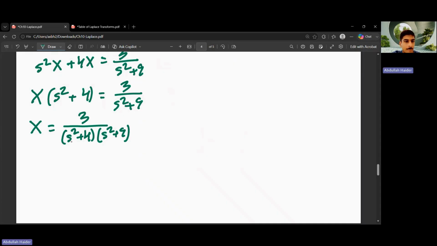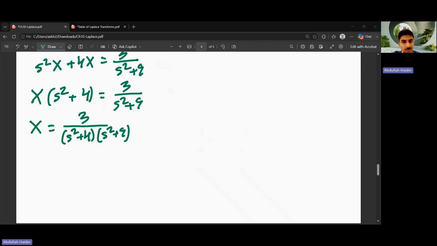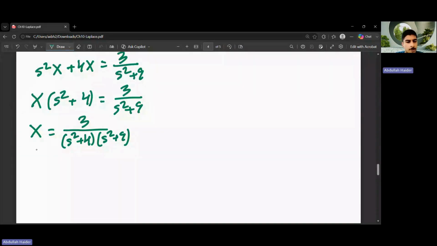You have s squared plus 4, and these cannot be factored. All right, so now we need to do inverse Laplace on both sides. But before we can do that, we need to convert this into partial fractions.